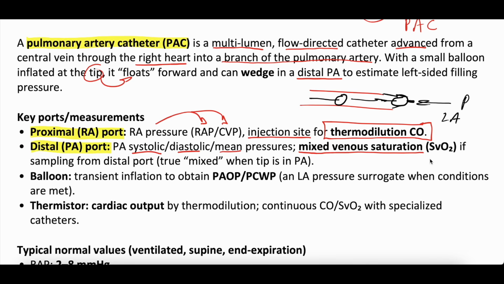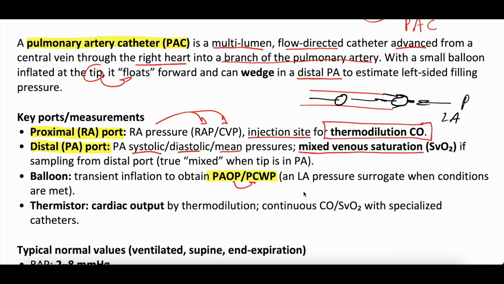All right. We sometimes get kind of a surrogate mixed venous, an SvO₂, off a central line that sits at the cavo-atrial junction. But you need a pulmonary artery catheter sitting in the pulmonary artery to get a true mixed venous. And then if you inflate the balloon, you can get what's called a pulmonary artery occlusion pressure, PAOP, also known, complete synonym, as a pulmonary capillary wedge pressure, a PCWP.